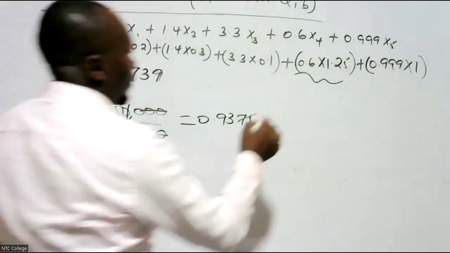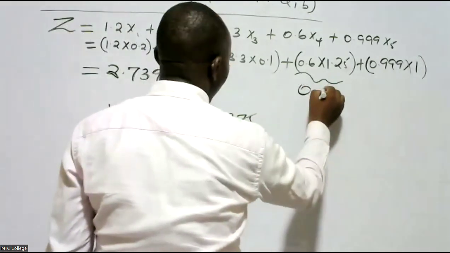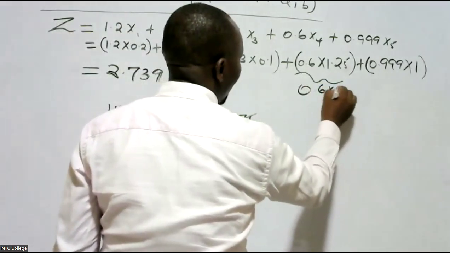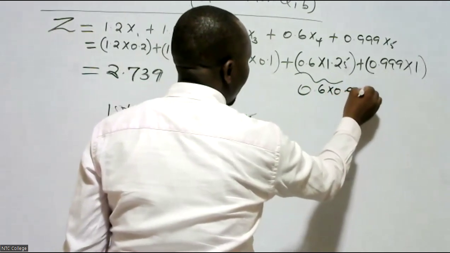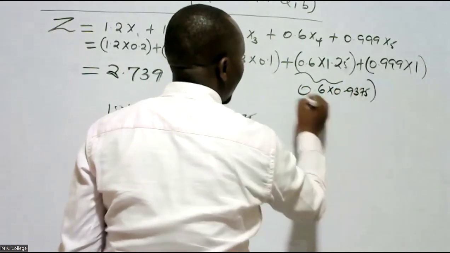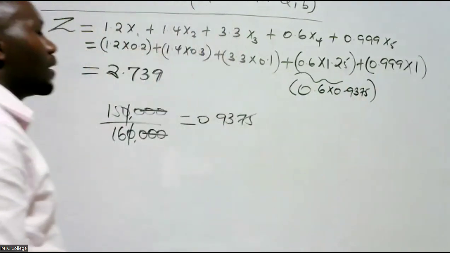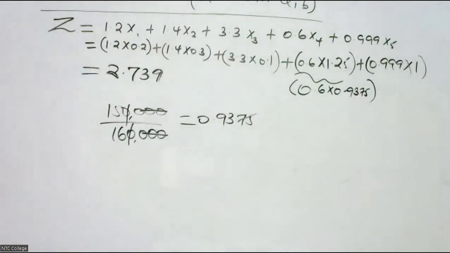So if you have that one here, what are you getting? 0.6 times 0.9375. If you get that one, I think it should be even less. Is it? It should be even less.